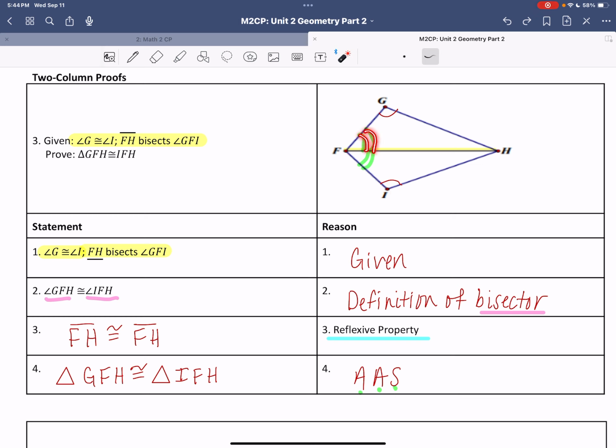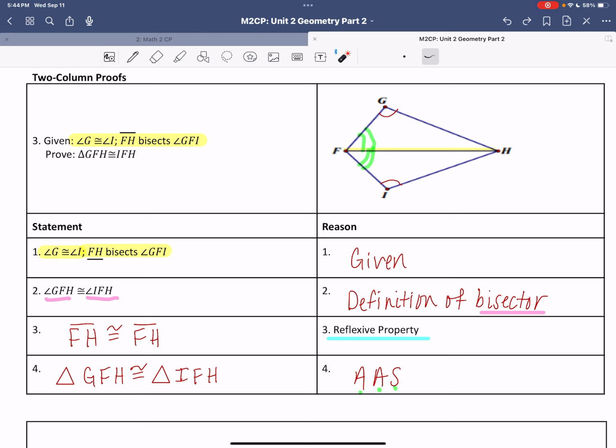So that's what I did in green. And we know these are congruent because FH bisects this. So if it bisects it, this is congruent to that. And that's this one right here.